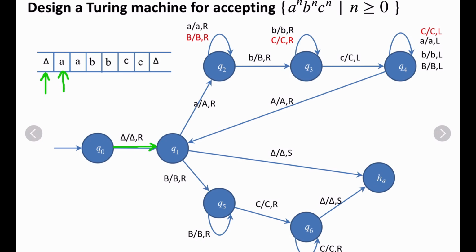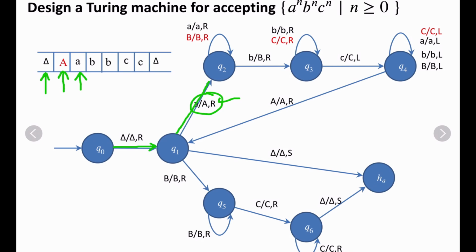As per our logic, you change that a to capital A. Read that small a, replace it by capital A, and move one step to the right. This is the direction. Now we are at this place.